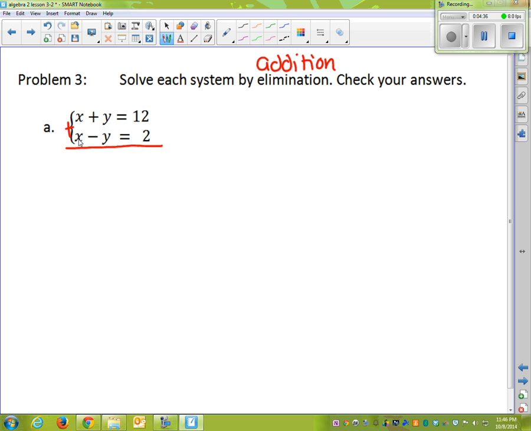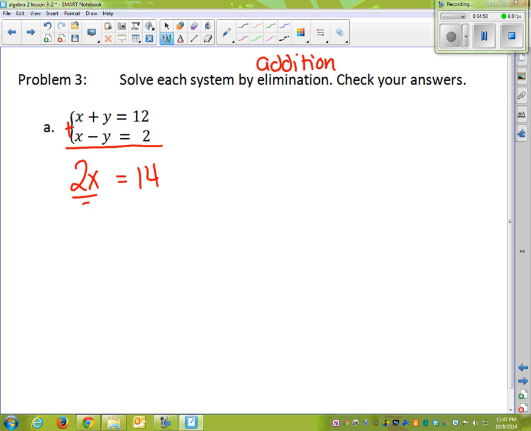If I add these two equations vertically, x and x gives me 2x. And when I add the y's, plus y minus y, they cancel each other out, or it's eliminated from the problem. Then 12 plus 2 is 14.